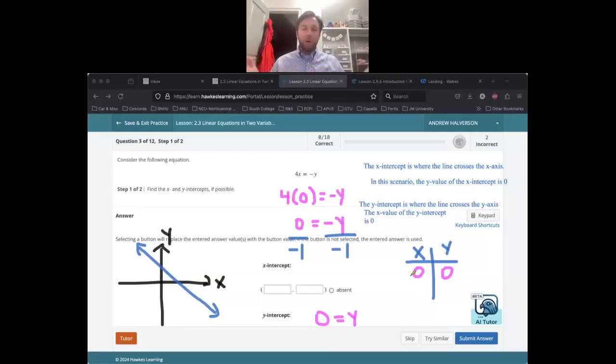It's the same point. This line crosses through the origin, where it goes through 0, 0. So that's what you would put in this one right here, 0, 0.